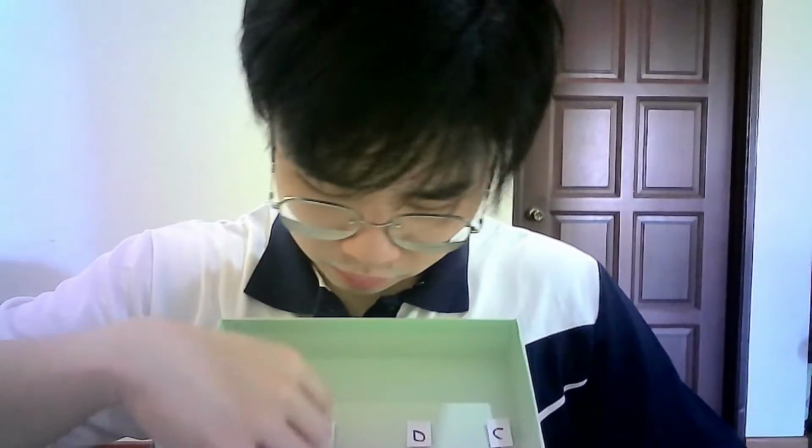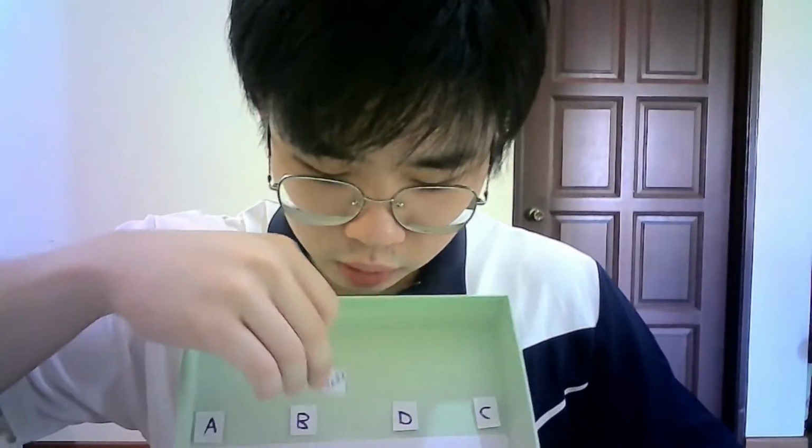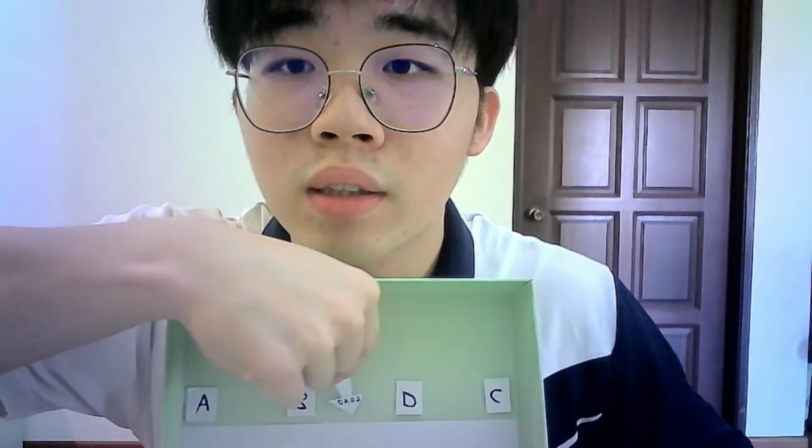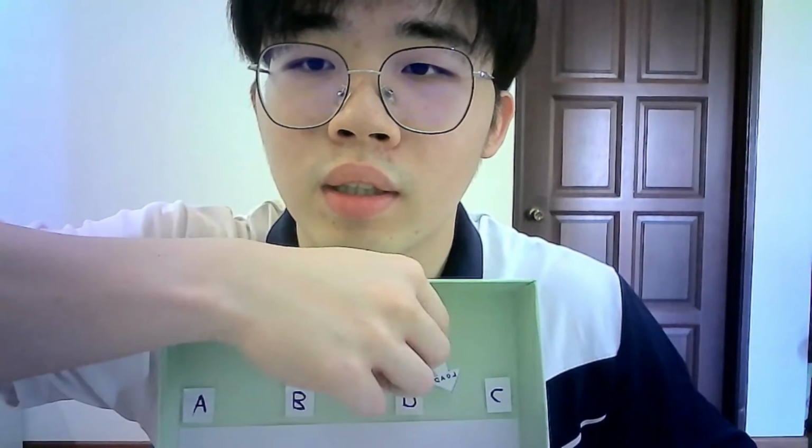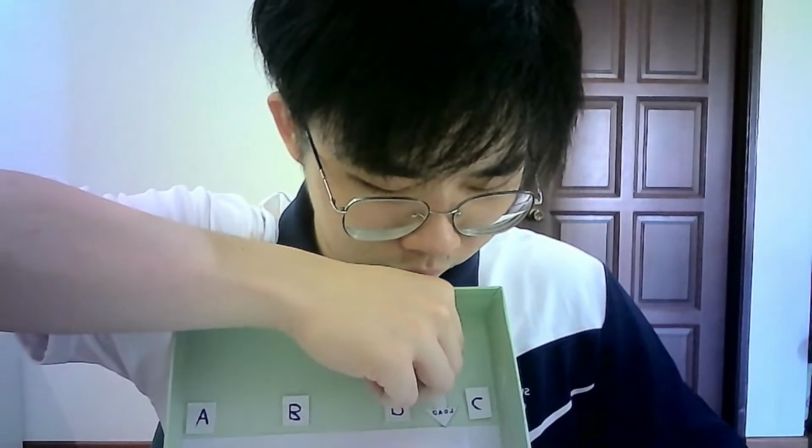After that, the 100 gram load is moved to the point between B and D and also the point between B and A. You can move it here and also there.